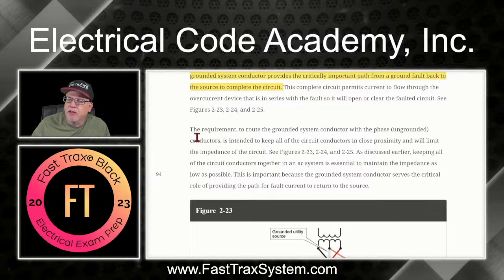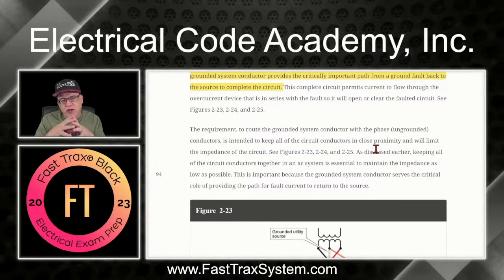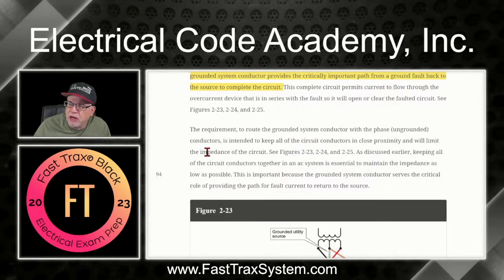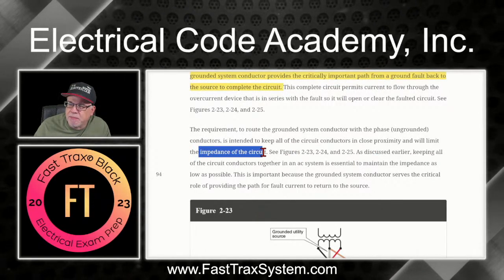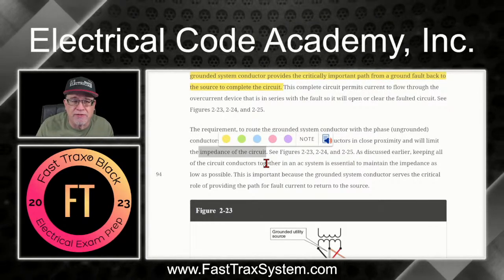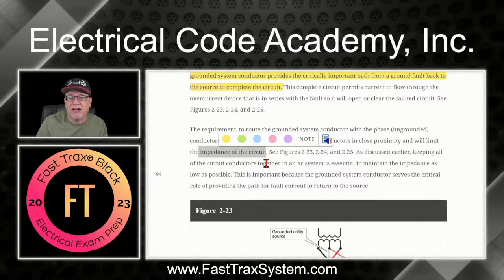All right. The requirement to route the grounded system conductors with the phase conductors, I talked about this earlier, keeping all of those conductors in close proximity, routed together, is to do what? It's to limit the amount of impedance. And impedance is AC, whereas resistance would be DC. It's all in opposition to current flow. And when we're trying to clear an overcurrent device, the last thing that we want is resistance to oppose that current flow.